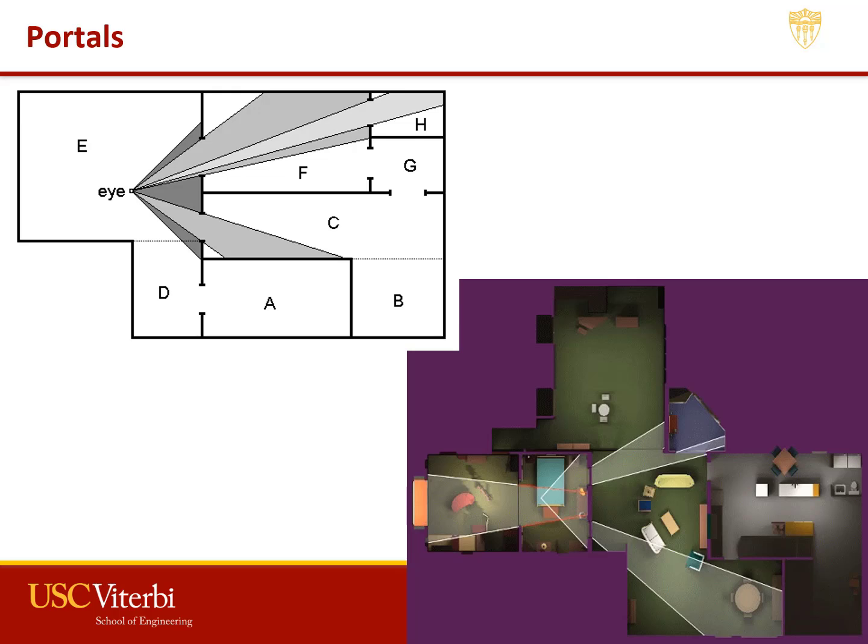So here's a slightly more versatile method that works really well for interior games, your corridor shooter type of game. We'll call this portal occlusion. The idea here is we start with that same frustum that we had from before. So here's a camera, and it's looking out this way.